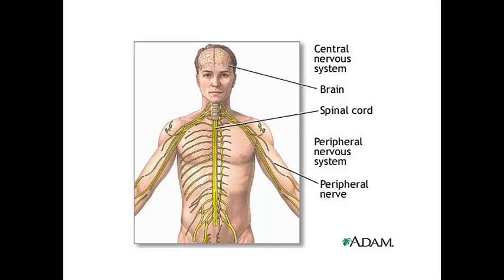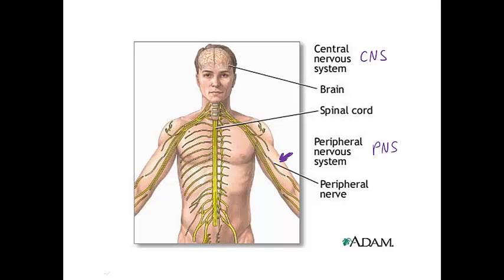Now a couple of terms from the previous slide. The central nervous system, which is abbreviated as CNS, that's your brain and your spinal cord. And then the rest of your nervous system is the peripheral nervous system, or PNS for short. So if this person here gets the pain in the arm, let's poke him with something sharp.